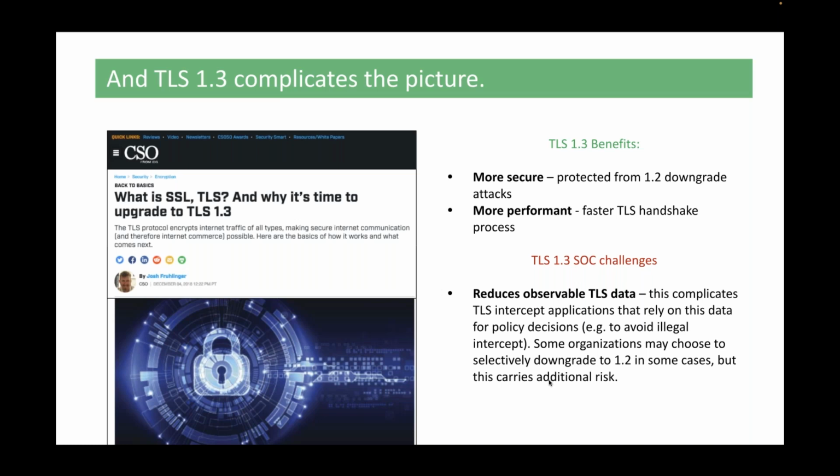You're talking a much smaller number of packets, up to 3 packets versus the kind of 5 to 7 of TLS 1.2. So yeah, there are real benefits in using TLS 1.3, and as a result, that is making life difficult for organizations that relied on a lot of that information that was carried in the headers of TLS 1.2 to make decisions about how they intercepted that data.